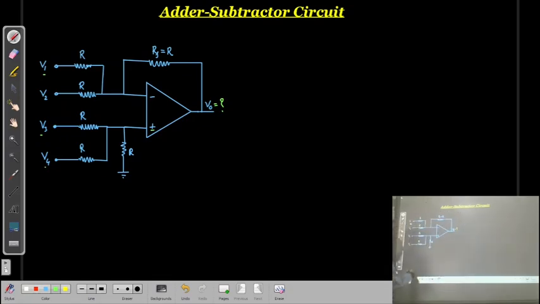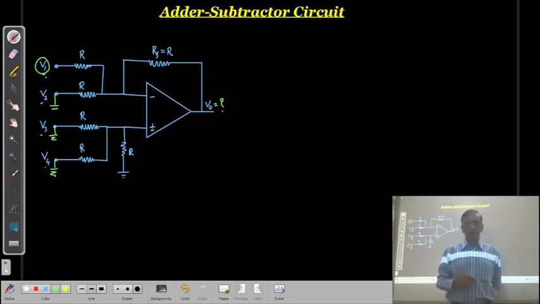First we consider that V1 is active and V2, V3, V4 are connected to ground, and we find the voltage VO1. In the same way, we then consider V2 active and V1, V3, V4 connected to ground. In this way we find the output voltage due to V1, V2, V3 and V4, and finally we take the summation of all these voltages.